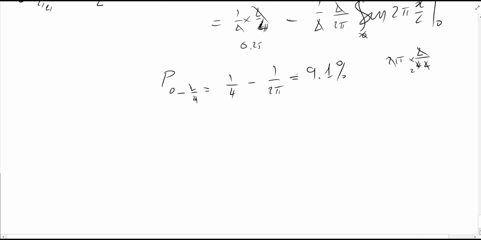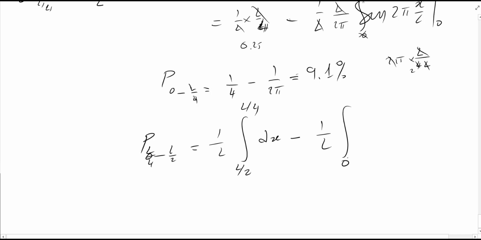So, P from L over 4, I'm sorry, to L over 2 is going to be, again, 1 over L, the integral from L over 4 to L over 2 of dx, minus, again, 1 over L, the integral from L over 4 to L over 2.